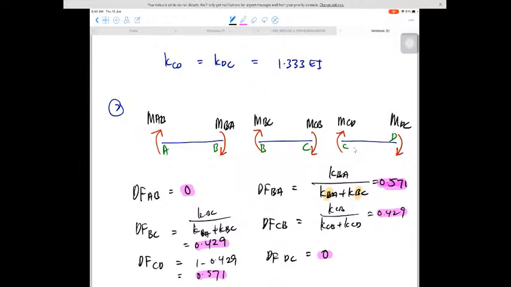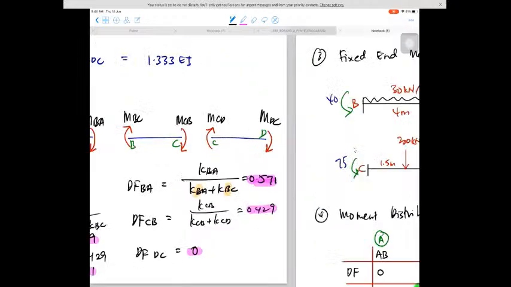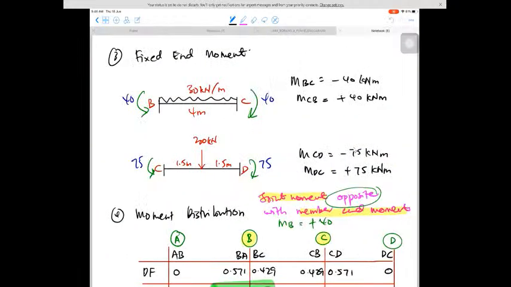Then step number 3, I have also shown you how we calculate the fixed end moment and how we put the sign for the fixed end moment. Remember, the fixed end moment value is calculated based on the behavior, so the sign will be based on the sign convention.